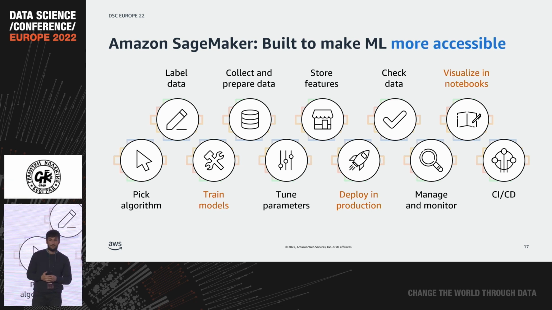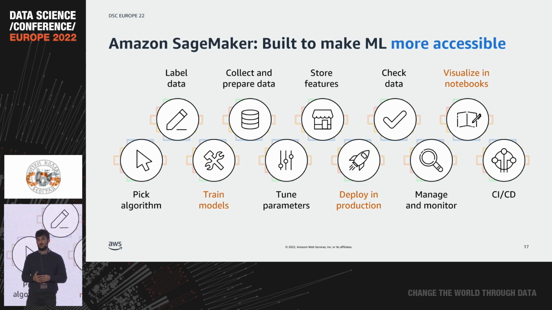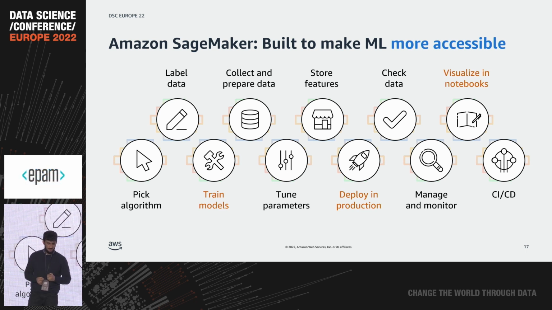And then for the deployment in production, we also can use some of the SageMaker APIs in order to put it as an endpoint. So you can just send the input and then get the return back. In this case the input would be the image, and the output the feature vector that we are interested in.